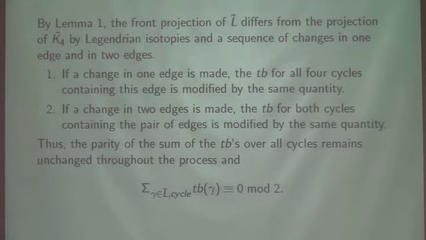This is an invariant. But if we do a change in one edge, what will happen? If we change one edge, we should note that 4 cycles contain the edge that's going to be modified. So this is going to result in a sum that has the same parity. And in the same way, if we have two edges, these will appear in exactly two.